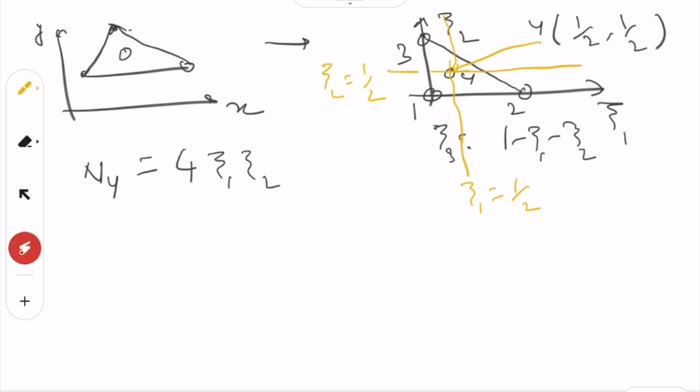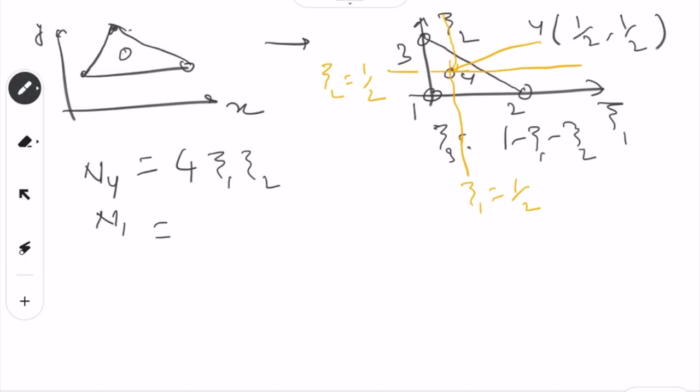Let's say if you want to find out n1, how will you do it? For n1, there are 2 lines. One line is this, another line is this one, either of the 2. The other is also possible, but that will be a complicated one. So you should always simplify it.